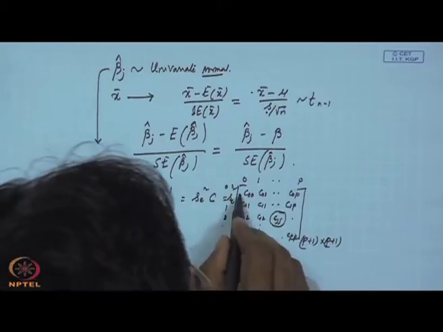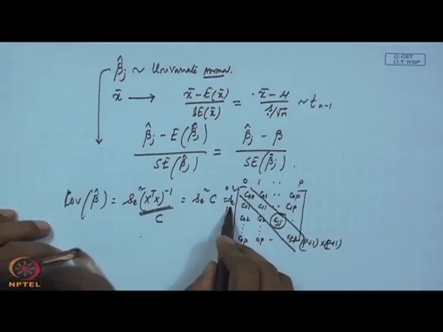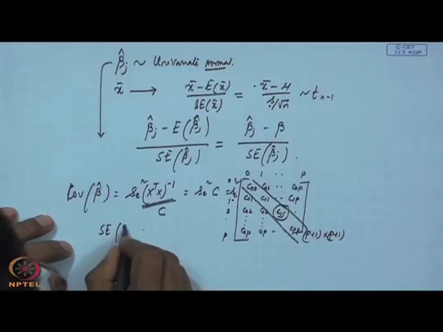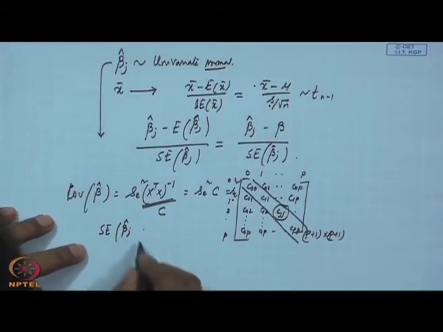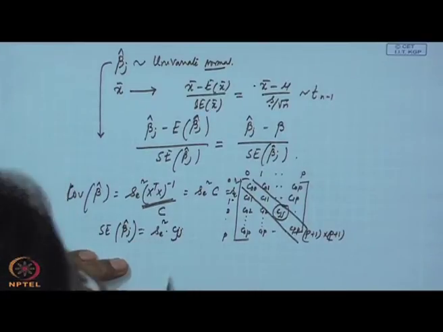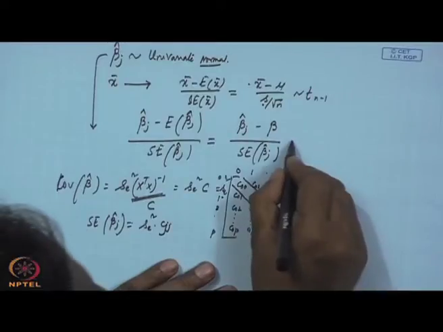So, the diagonal elements of this when multiplied by sigma square will give you the variance of beta j, so this will be sigma square into Cjj, and off diagonal will give you the covariance between the parameter estimates. Okay.